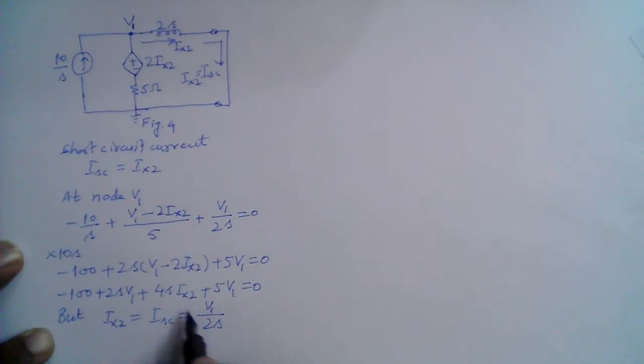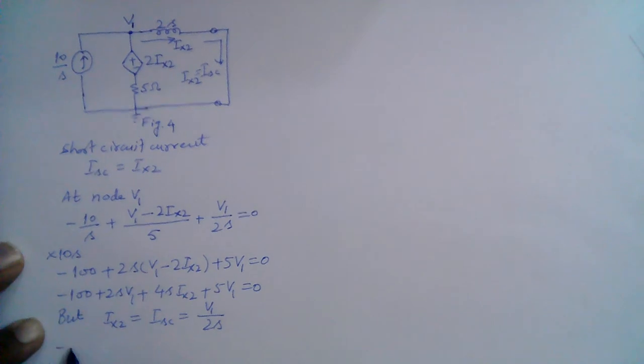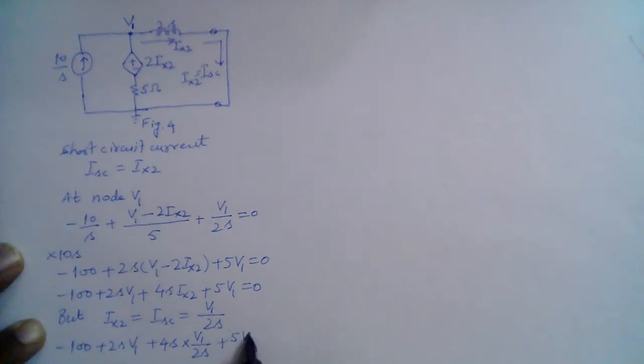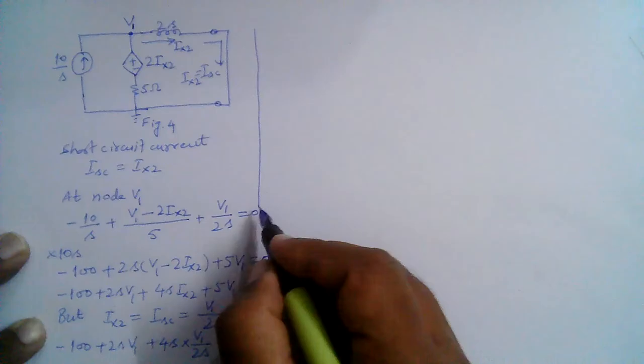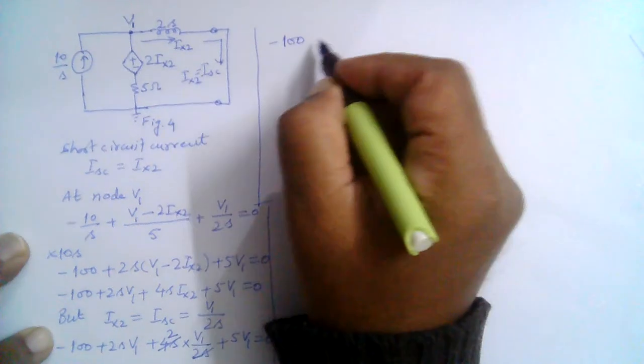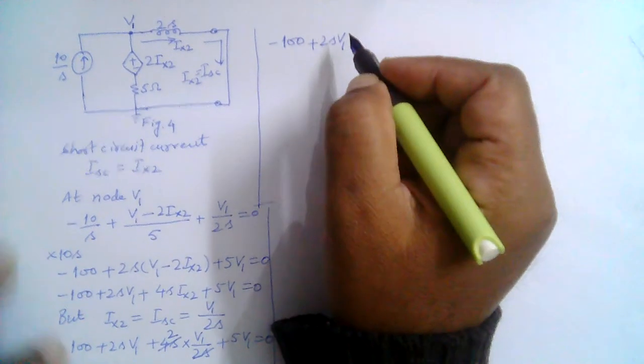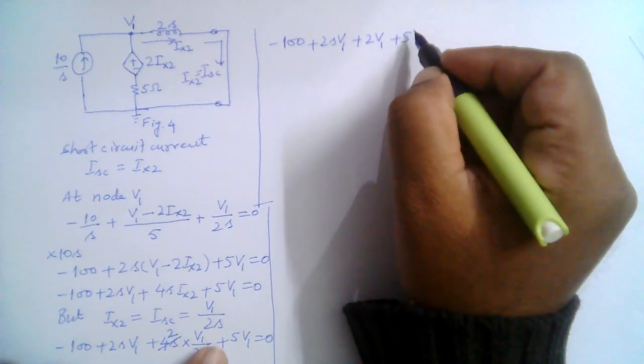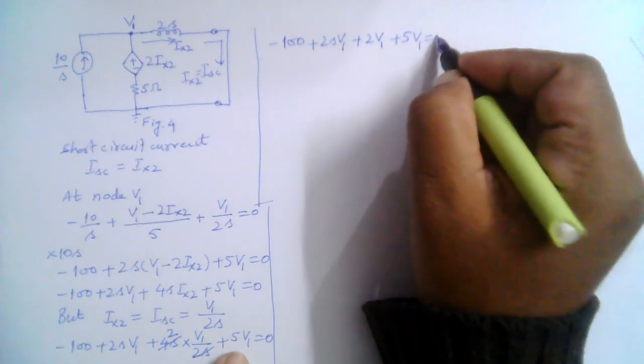So we put this value here. So this will be minus 100 plus 2S V1 plus 4S into V1 divided by 2S plus 5V1 is equal to 0. So this cancels with this and leaves us with 2 here. So this is minus 100 plus 2S V1 plus 2V1 plus 5V1 is equal to 0, right?